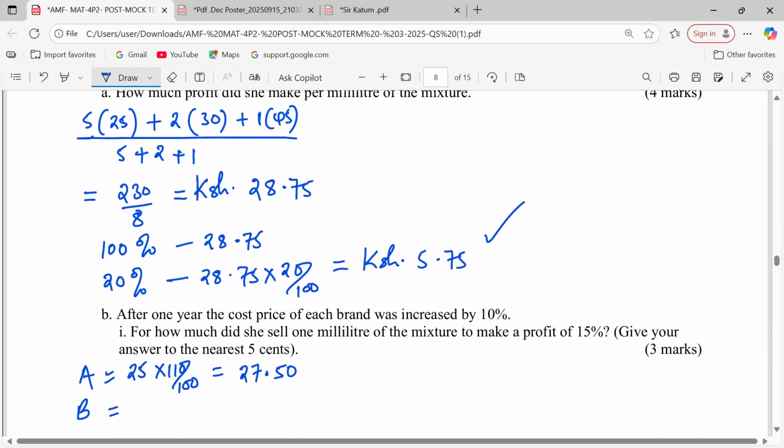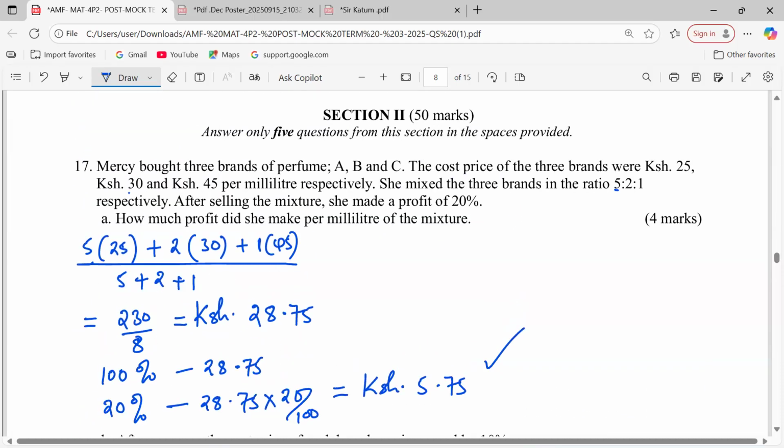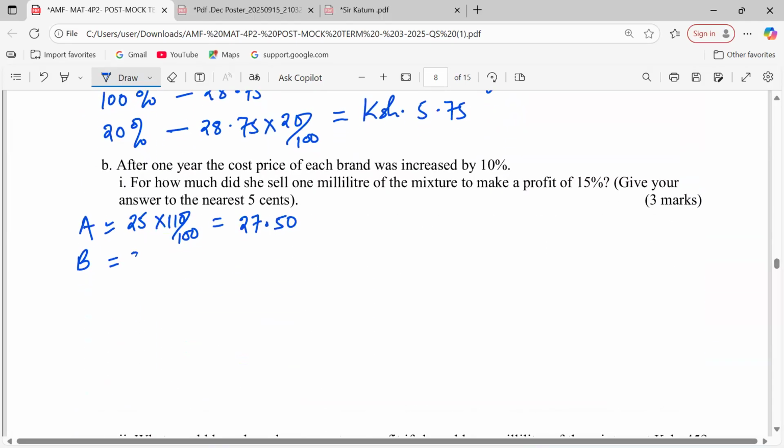Then B, which was initially costing 30, now started costing 110% of this. We compute 30, get 33 Kenya shillings.